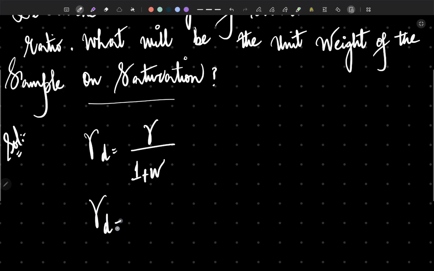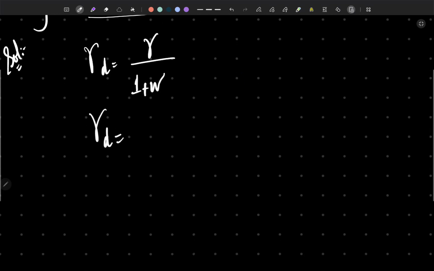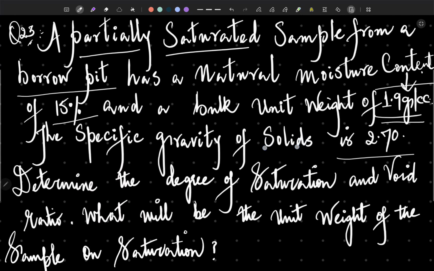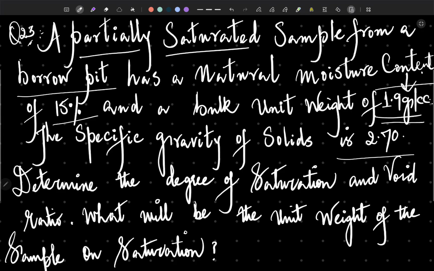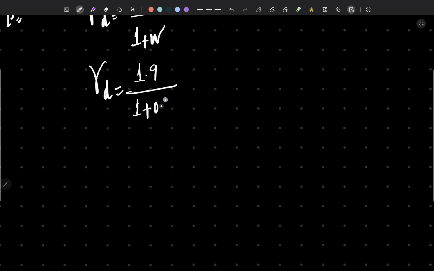Bulk unit weight is 1.9 grams per cc, 1 plus water content. The sample collected from the borrow pit, initially in a partially saturated condition, has a natural moisture content of 15%, 0.15. By calculation, the dry unit weight is equal to 1.65 grams per cc.